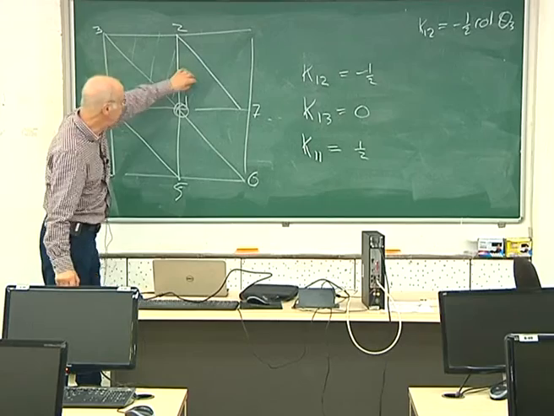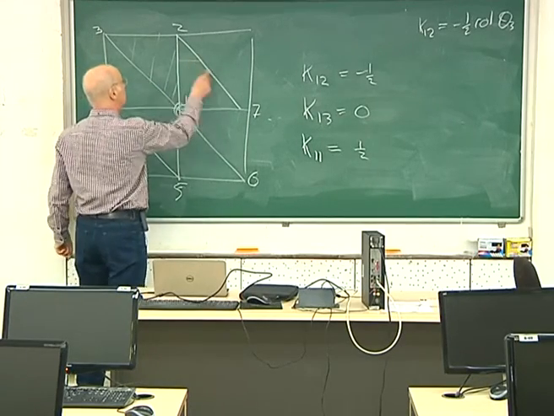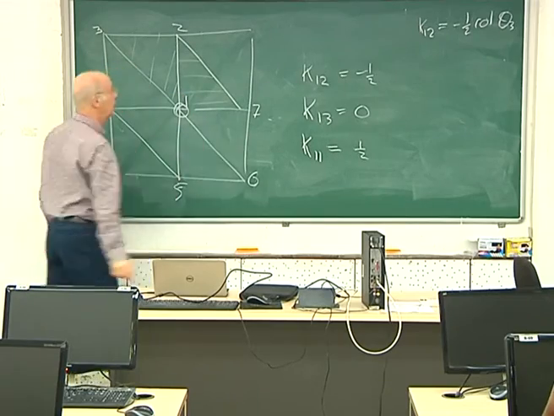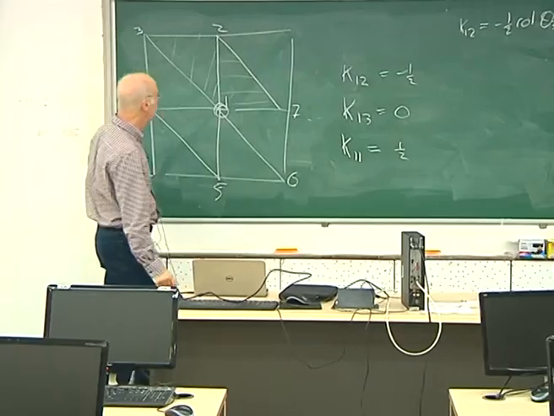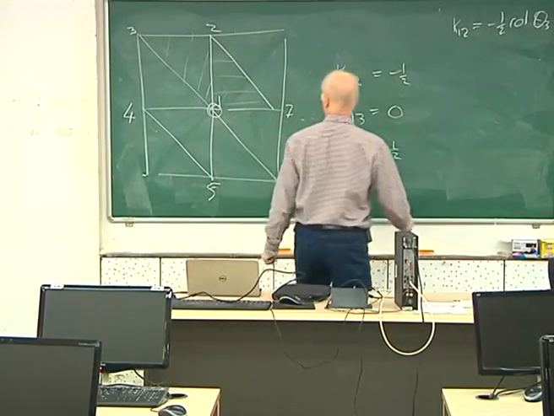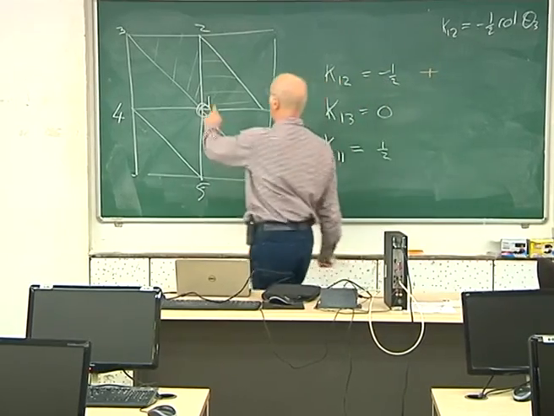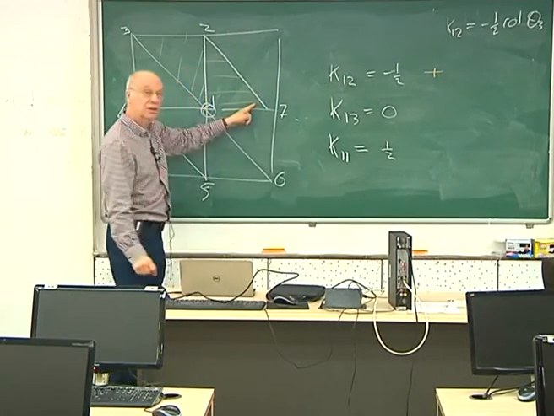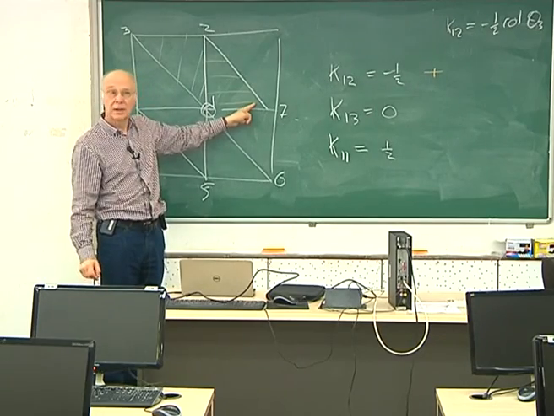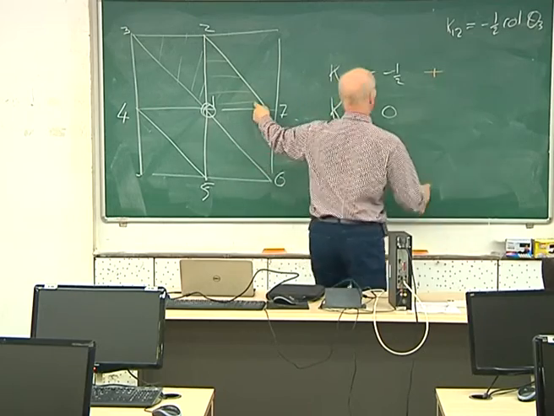But there's a different sort of triangle with 90 degrees at the vertex. So we have to look at this type, that triangle, triangle 1, 2, 7. And there we're going to get a contribution to K12, which is the cotangent of the angle opposite. And that is, again, 45 degrees.